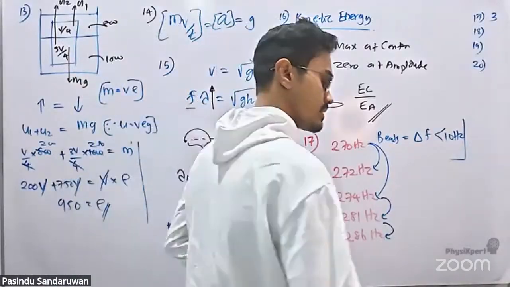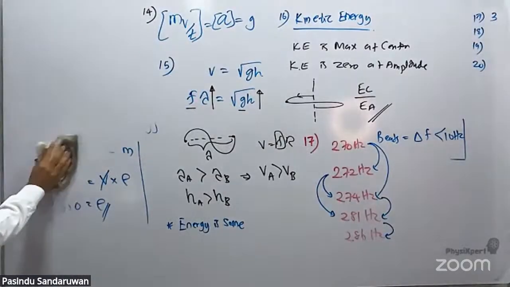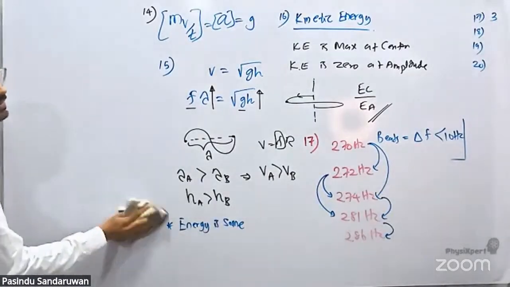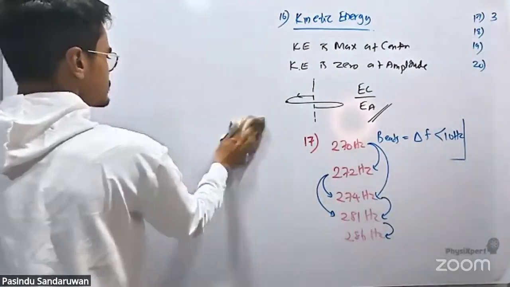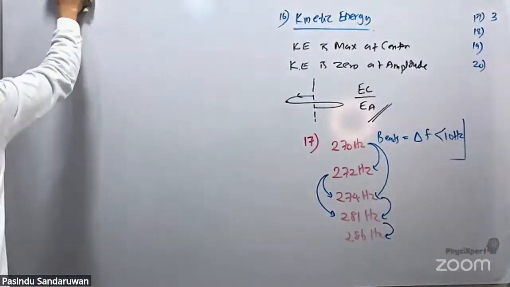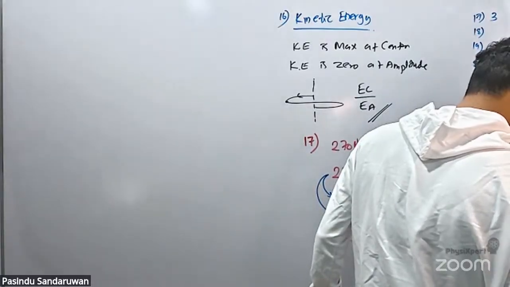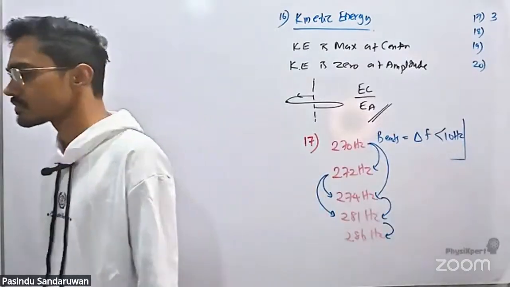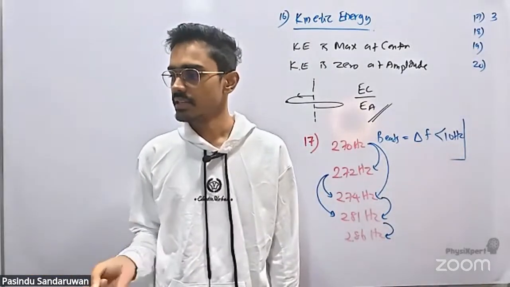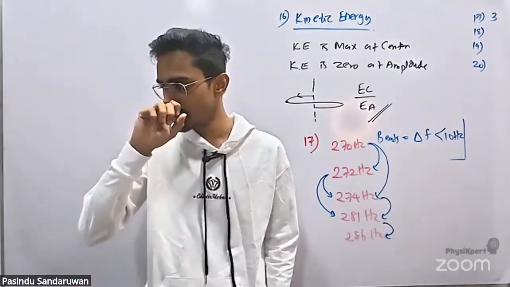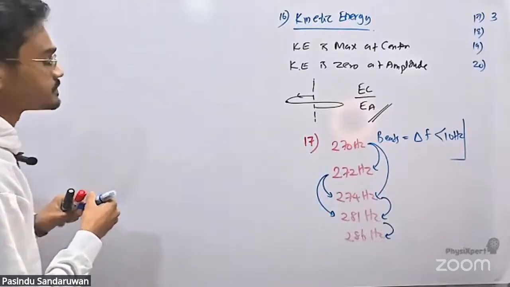18, again a calculation. The minimum frequency necessary for resonance is 320 Hz when a vibrating tuning fork is held over one end of an open pipe 50 centimeters long.